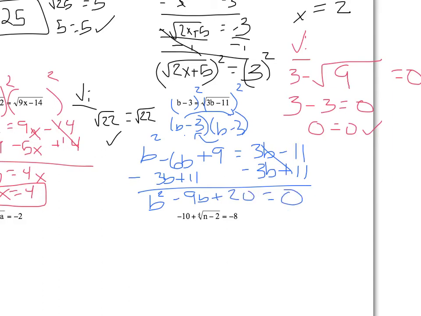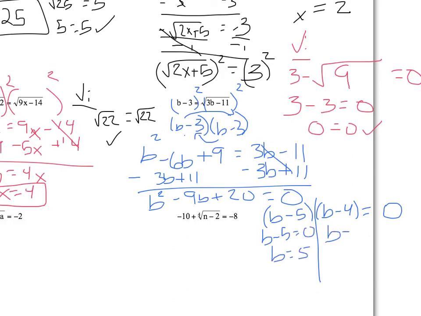Let's factor that. Factors of 20 are 20 and 1, 10 and 2, 5 and 4. The only ones that are going to add to 9 are 5 and 4. So this will factor to b minus 5, b minus 4 equals 0. To solve, we set them both equal to 0 and solve for b. So adding the 5, b equals 5.